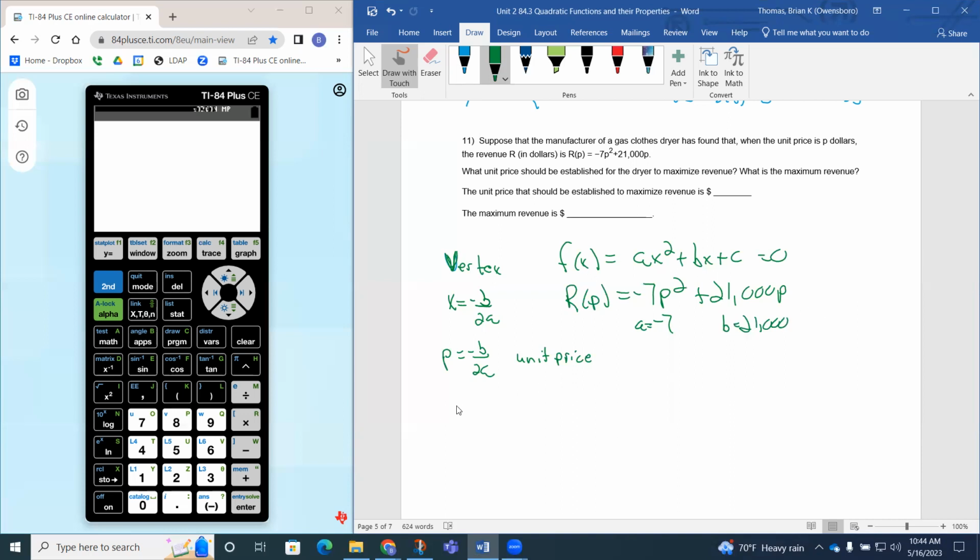We take the opposite of 21,000, which is negative 21,000, and divide by 2 times -7, which is negative 14.